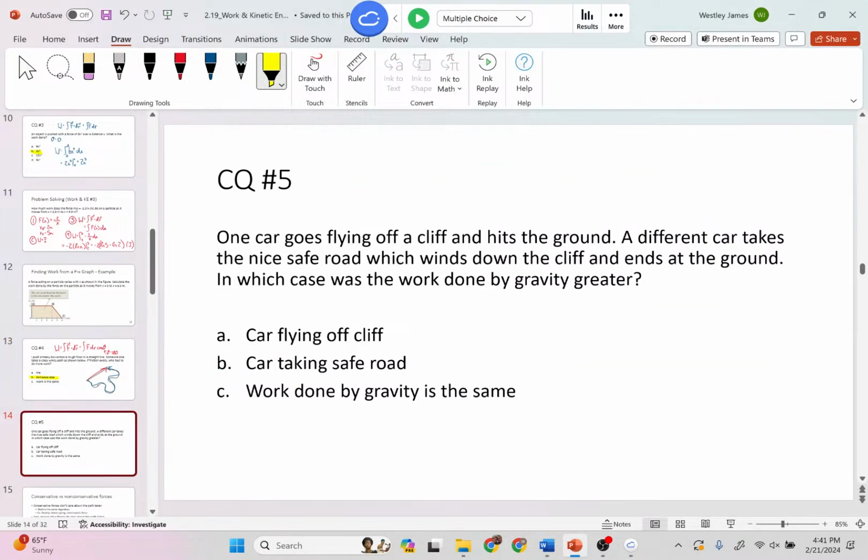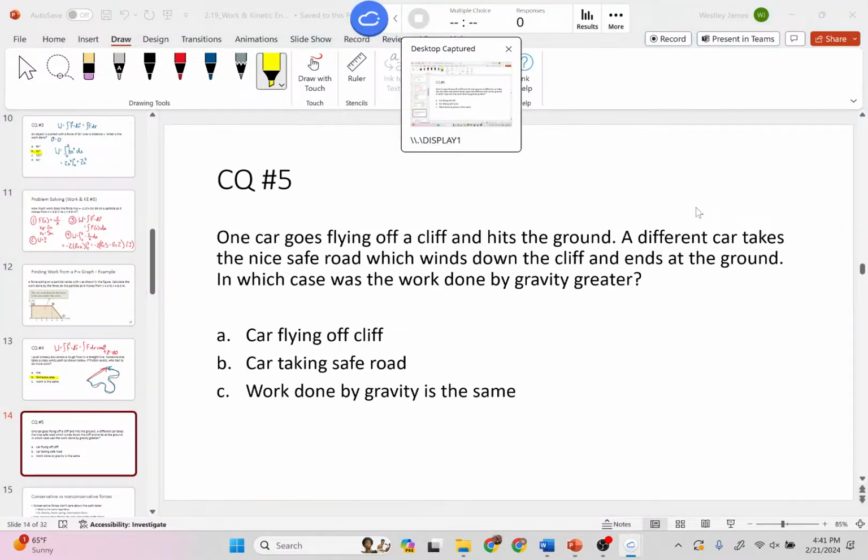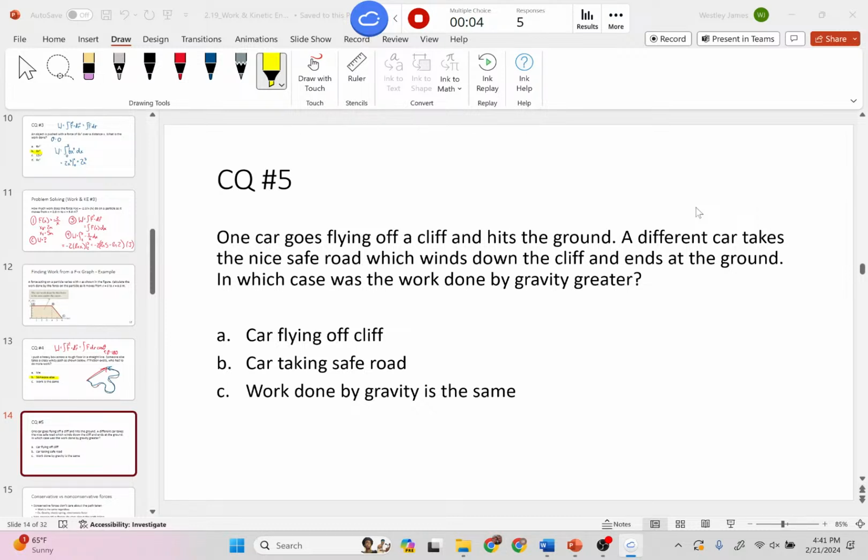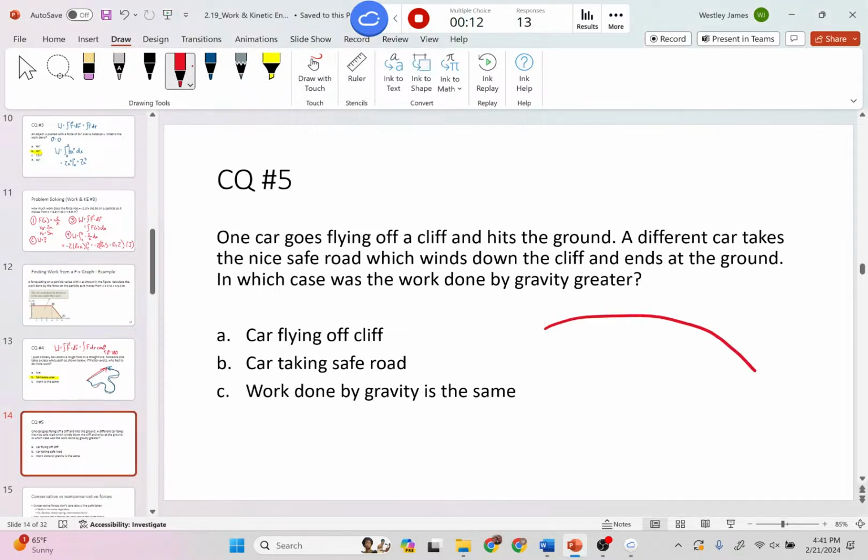Now, a different scenario. One car goes flying off a cliff and hits the ground. A different car takes a nice, safe road which winds down the cliff and ends at the ground. So here we go. There goes the car that flew off the cliff. And then this other guy's doing a windy path and ends up at the same spot.